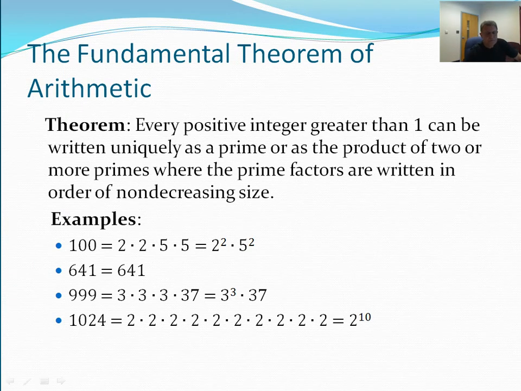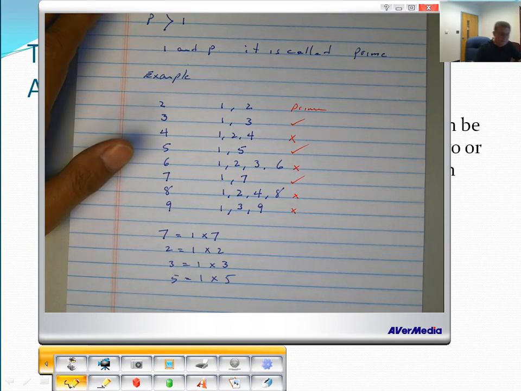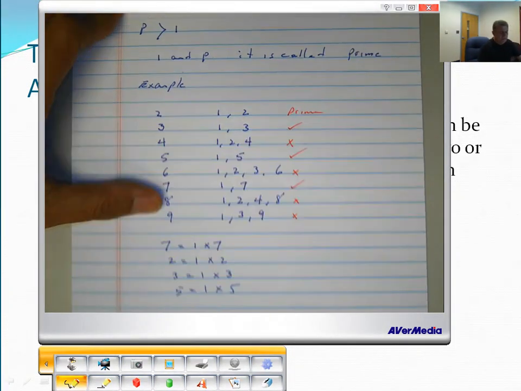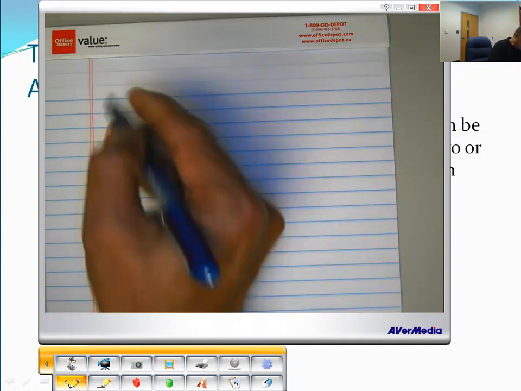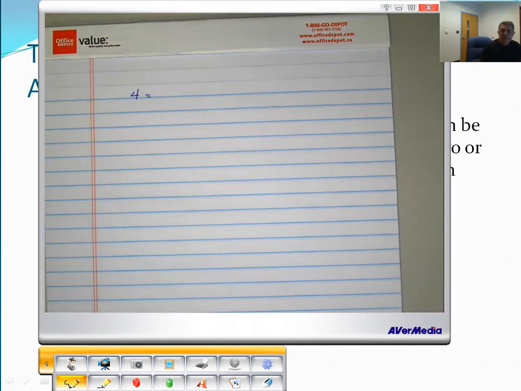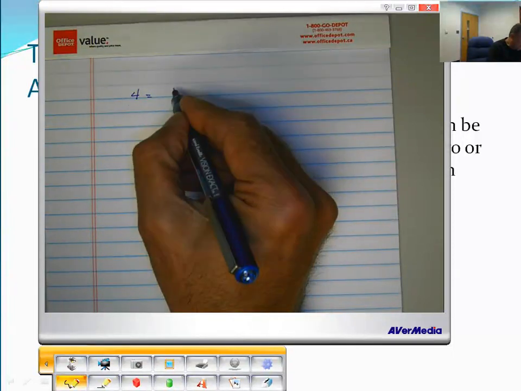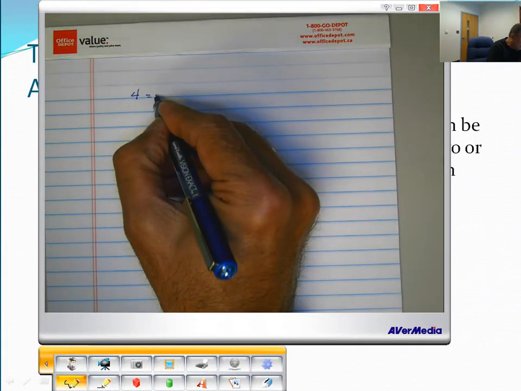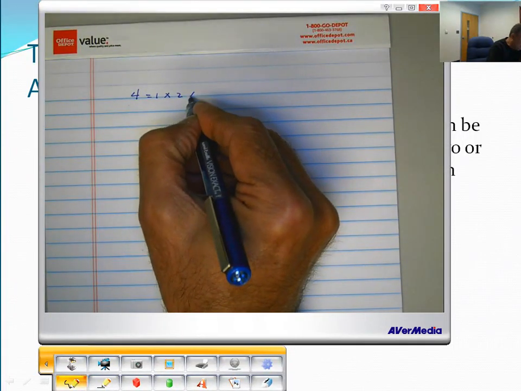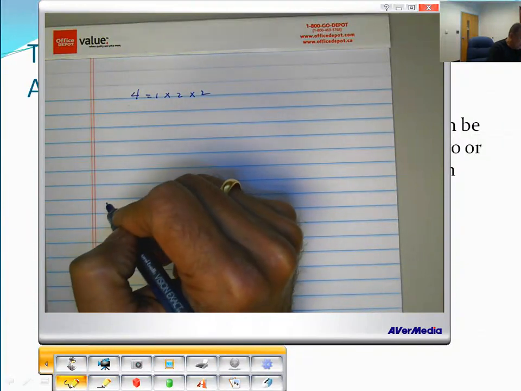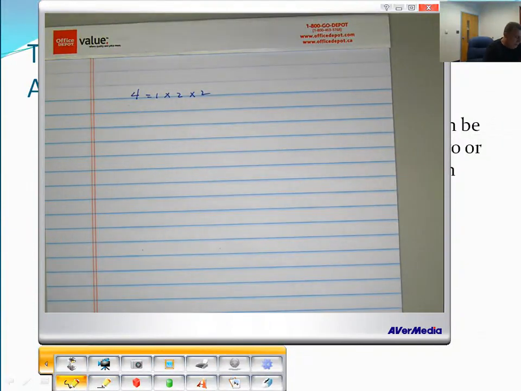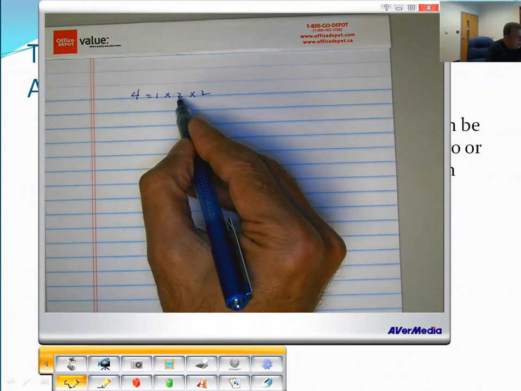4. For example, let me go to another page. 4 is not a prime number, so I should be able to write it as 1 times 2 times 2, right? Which is equal to 4. 1 is a prime and 2 is a prime.